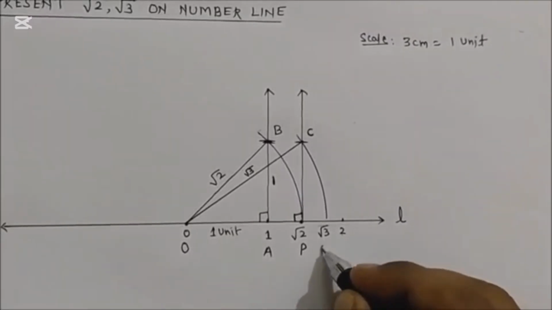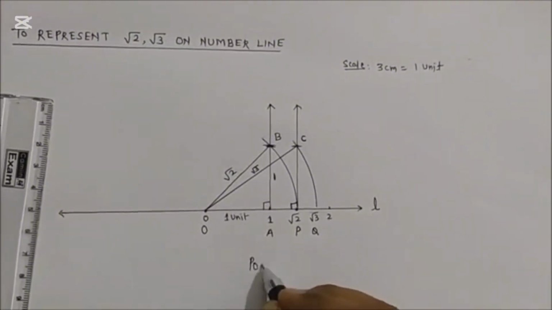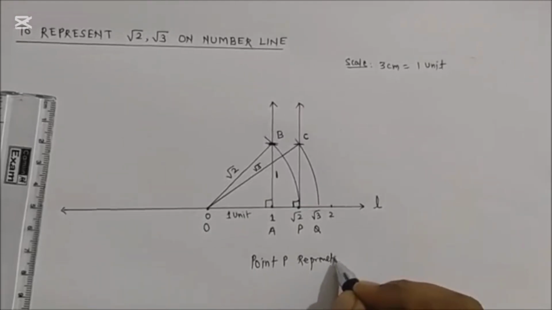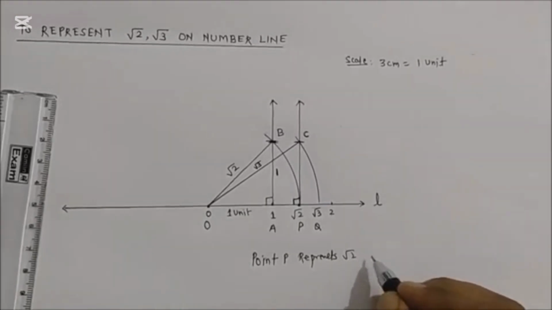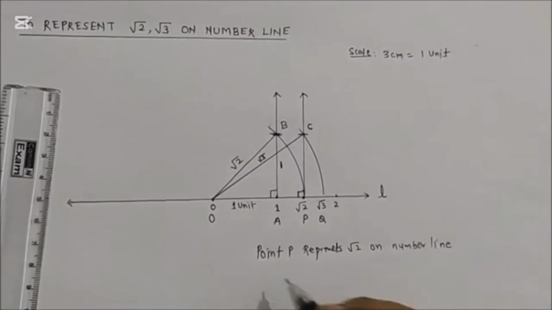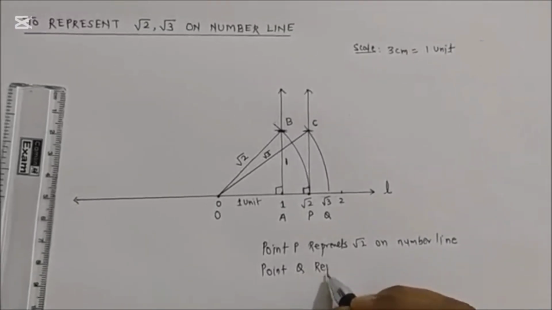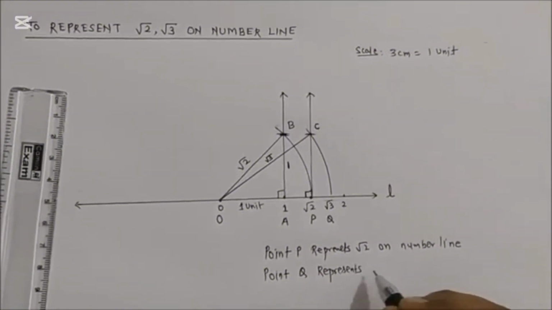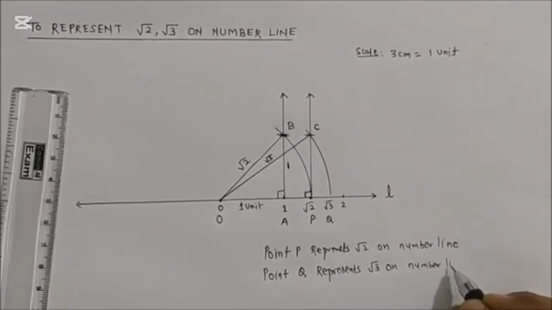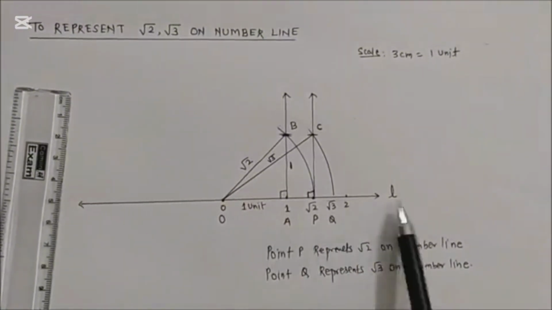Name it as point Q. Point P represents root 2 on the number line, and point Q represents root 3 on the number line. So this is how we represented root 2 and root 3 on the number line.